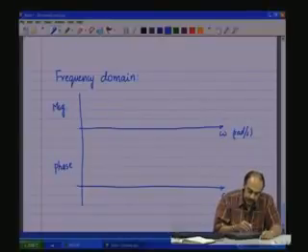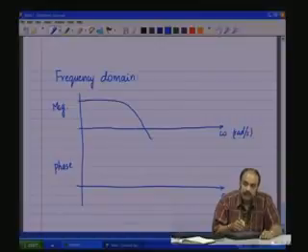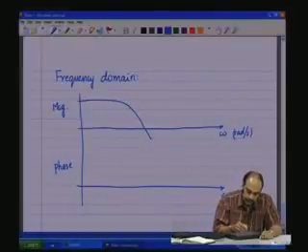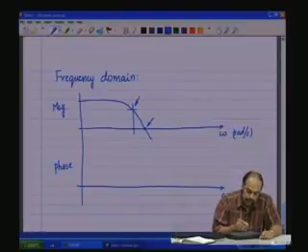Meaning, how does the absolute value of the gain vary with frequency? Is it a low pass filtering effect, and at what frequency will the 3 dB point occur? At what frequency the zero crossover occurs?